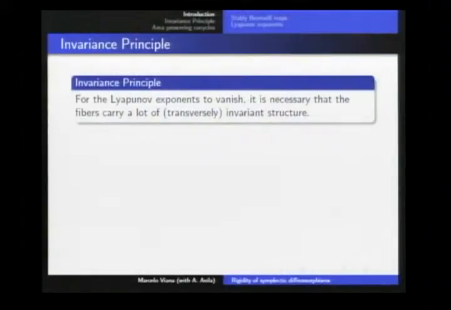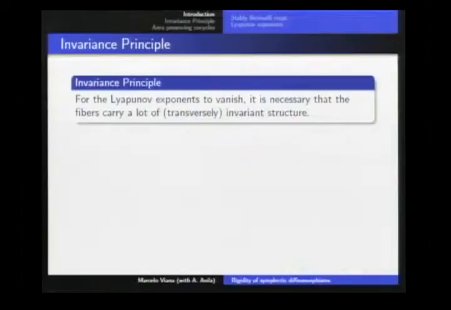For Lyapunov exponents of a system to vanish, something very interesting must be going on. And I will make this statement concrete in examples. It takes different shapes in different situations, but in general, what we realized is that when Lyapunov exponents vanish, the system has a lot of structure that you can try to use to your benefit.